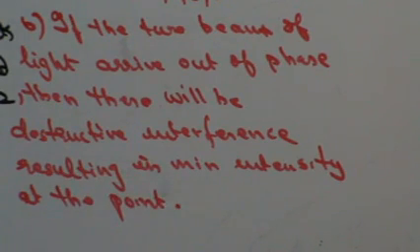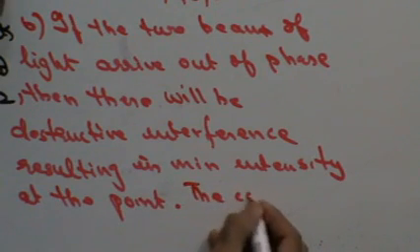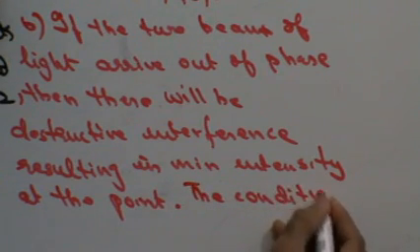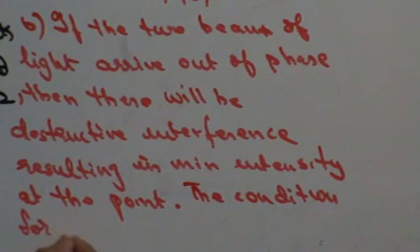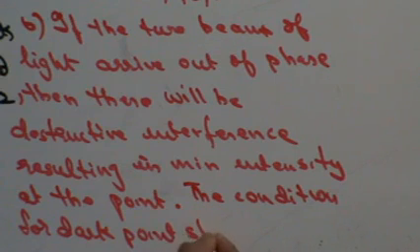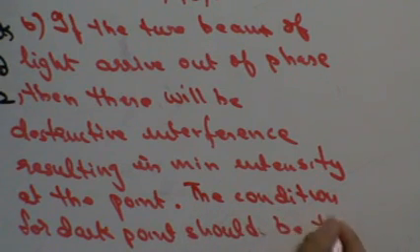That means the condition for dark point is that the two waves should be out of phase.